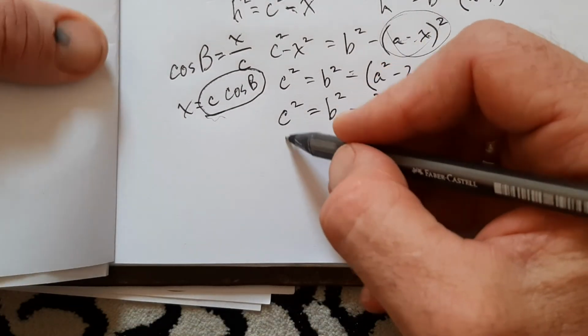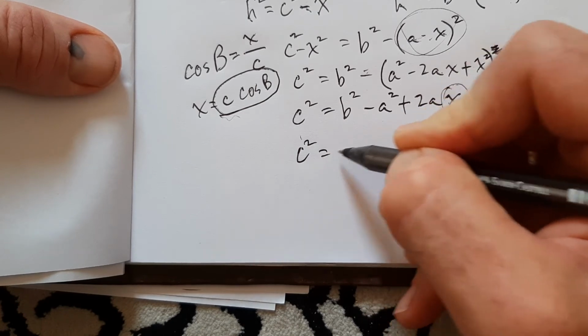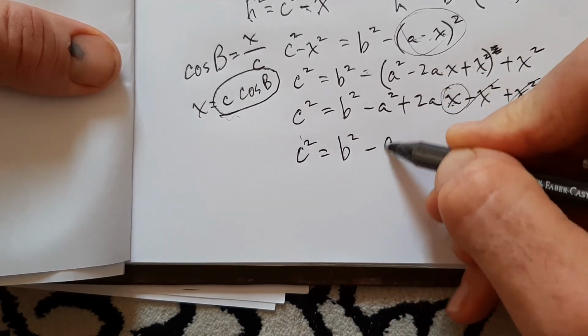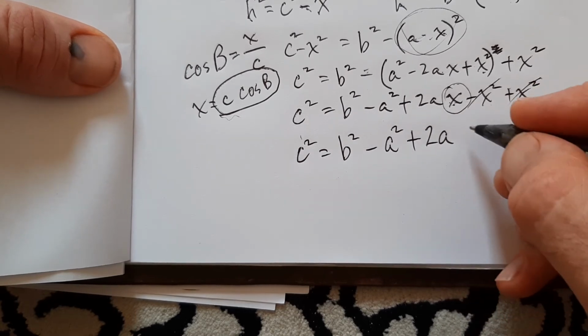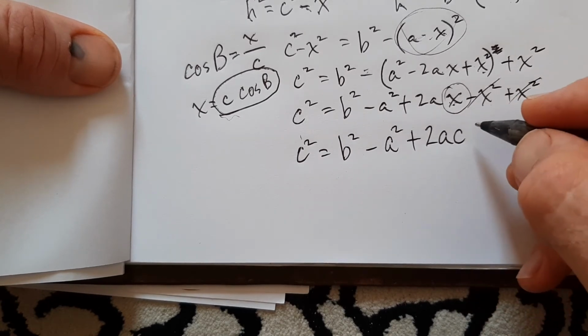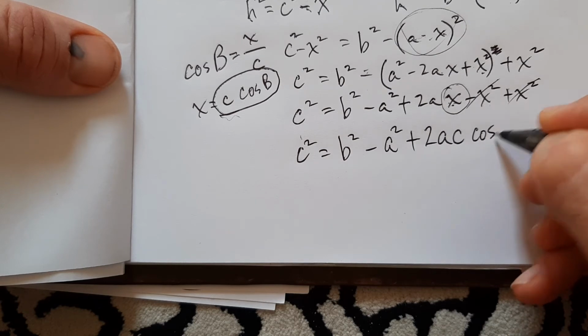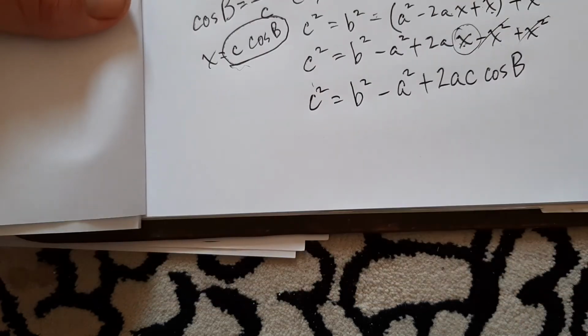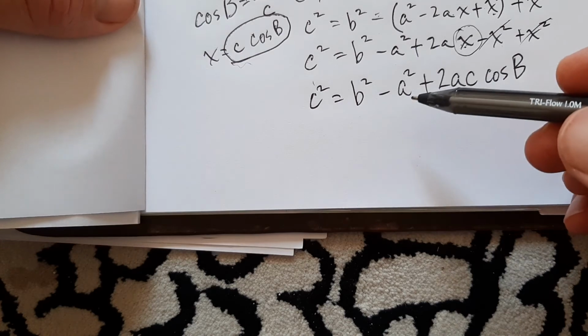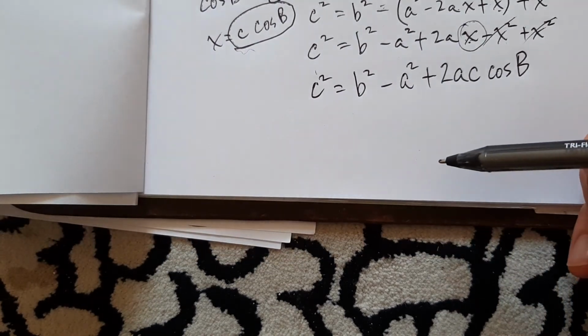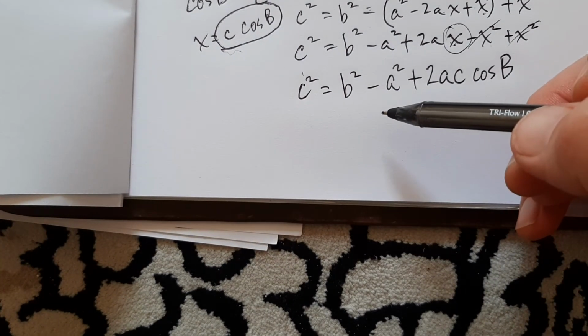So then we'll have c squared equals b squared minus a squared plus 2a times side c times the cosine of angle B. What if it looks messed up here? Let me rearrange things and get it correct.